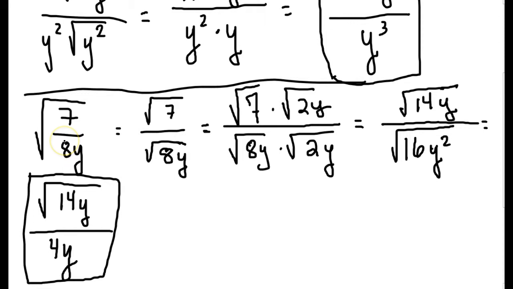Because we manipulated, we changed, we thought about how can we create something that we can take the square root of in the denominator to get rid of the square root sign. We did that by multiplying the numerator and the denominator by the square root of 2y, and the final simplification is the square root of 14y over 4y. And this is a legal answer.